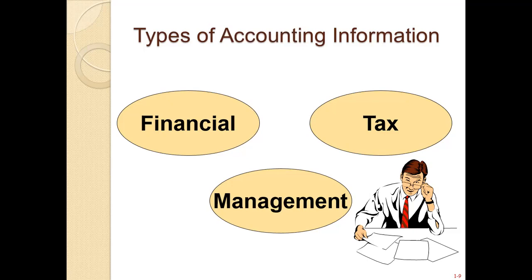Secondly, managerial accounting. That is related to management. Like in the previous slide, as we discussed, when the financial reports are ready, they should be forwarded, communicated to the decision maker. That decision maker is basically management, managers, managerial people who take good decisions.